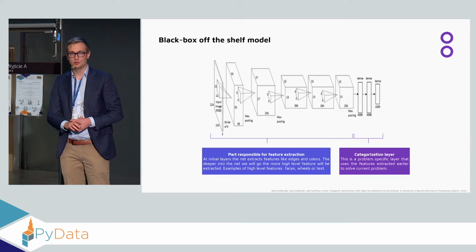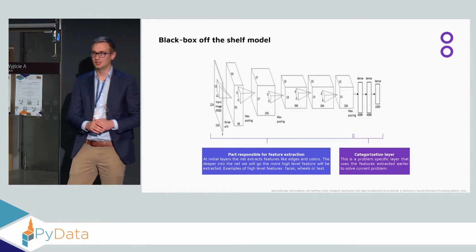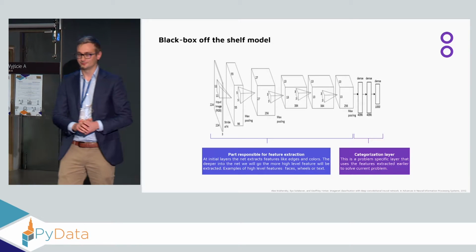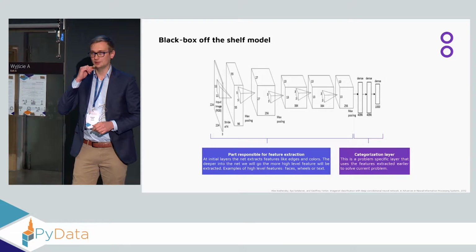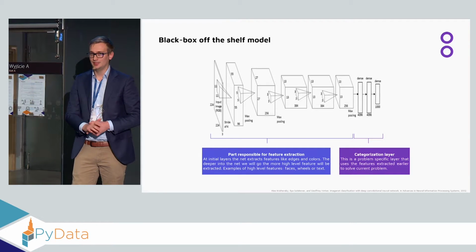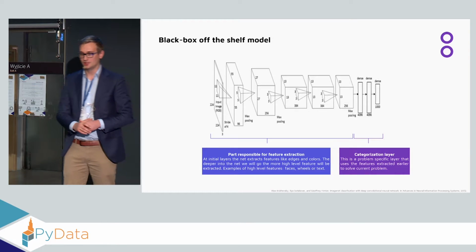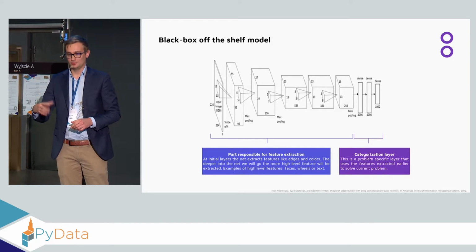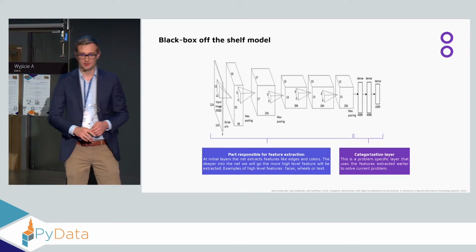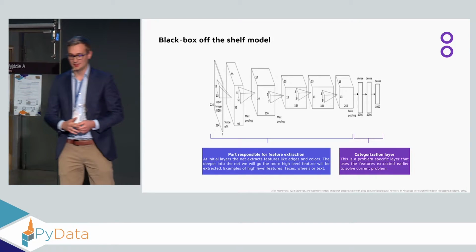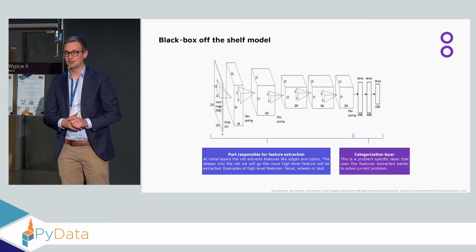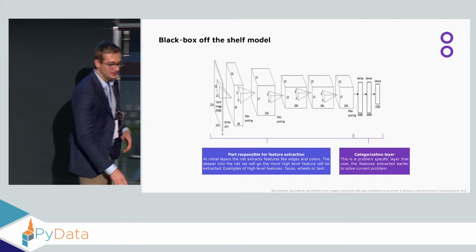And I would say that those layers are responsible for extracting features. So they do not actually solve the problem, but they help us understand the image so that, thanks to those features derived from those layers, we can then solve it using fully connected layers. And the layers on the right are those that are responsible for solving our problem. Those are fully connected layers that solve our problem.